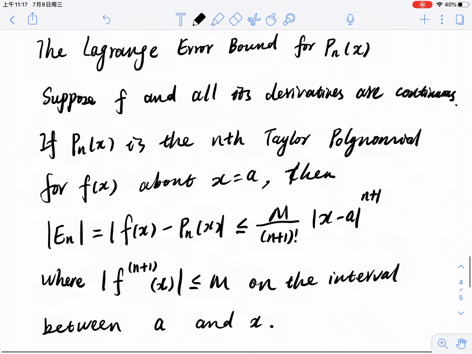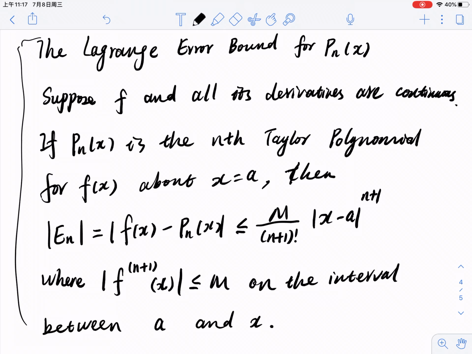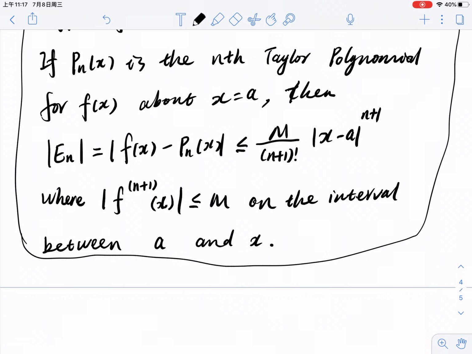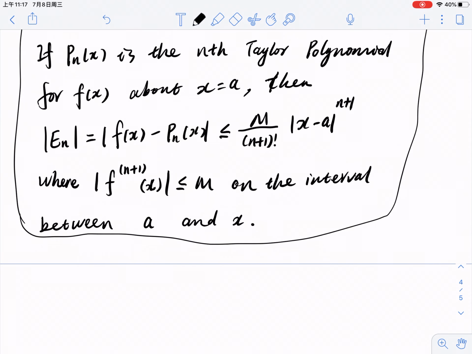So this is called the Lagrange error bound for P_n(x). We find an upper bound of the absolute value of E_n(x). Next, we look at an example to show how to use the Lagrange error bound.